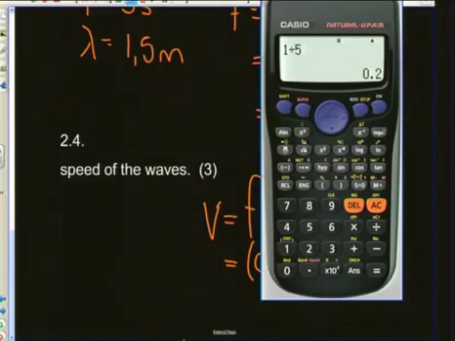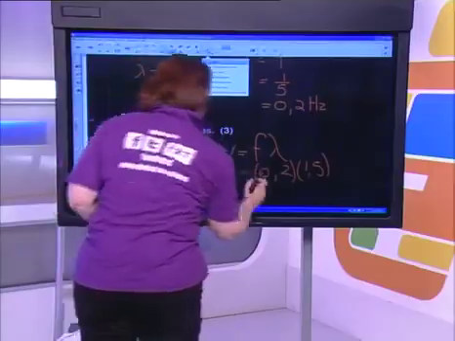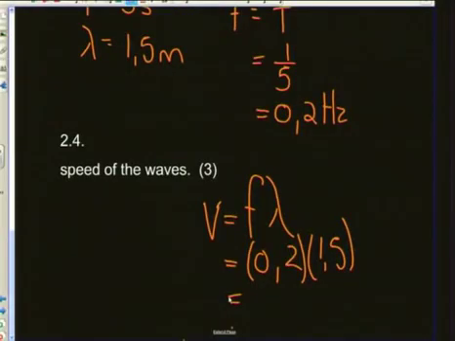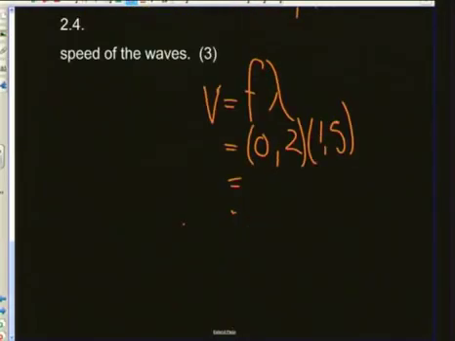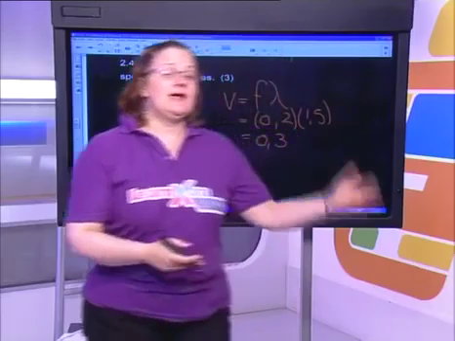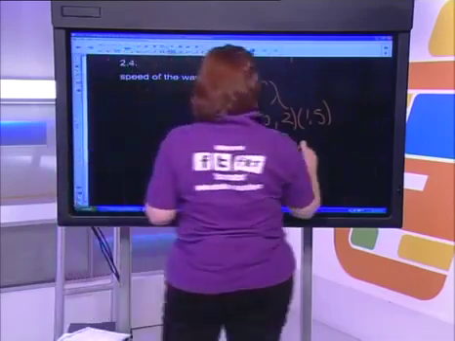But we're going to use the calculator just to be on the safe side. So 0,2 times 1,5 equals 0,3, okay? So we get an answer of 0,3, but now we've got to remember that this is speed, so we need meters per second.